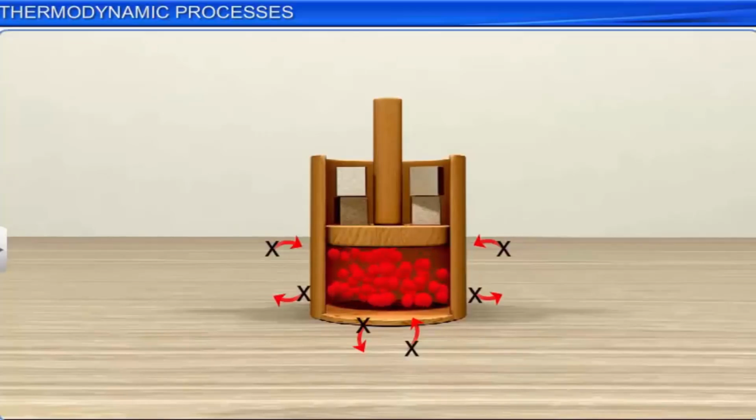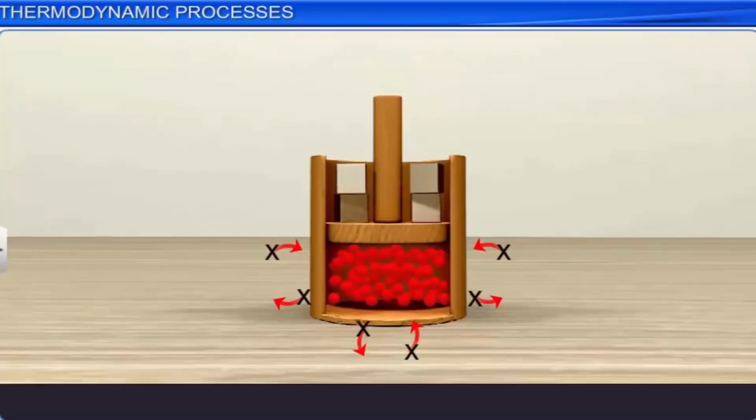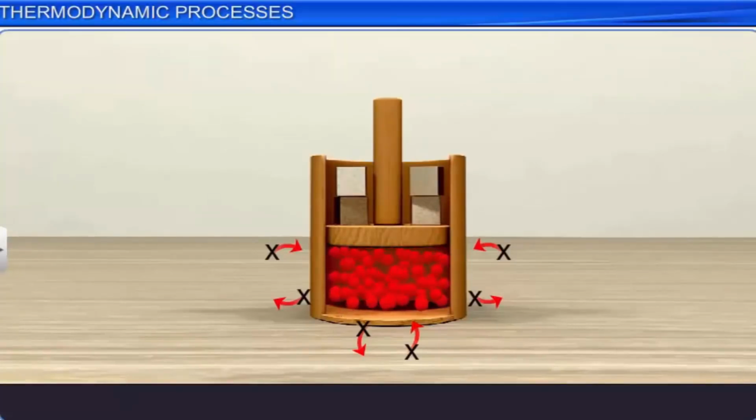And the first law of thermodynamics reduces to delta U is equal to minus delta W. In an adiabatic process, the internal energy of a system increases if work is done on the system and decreases if work is done by the system.